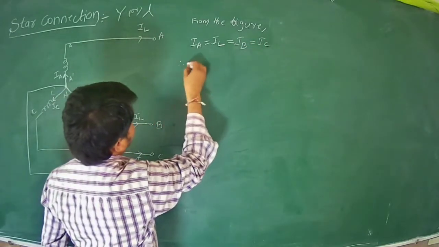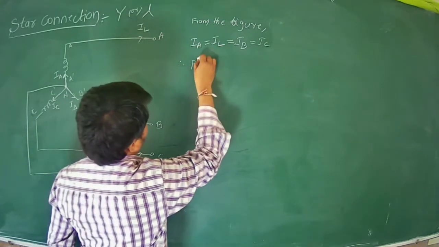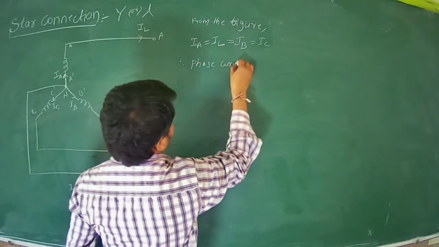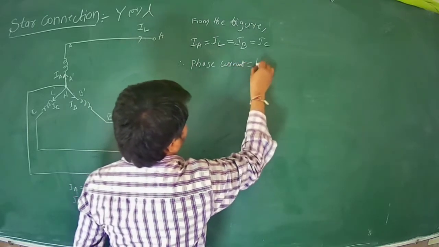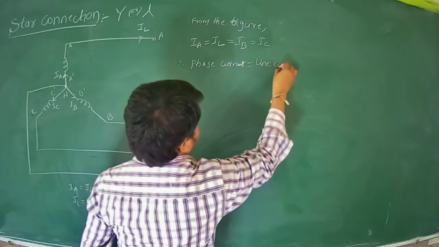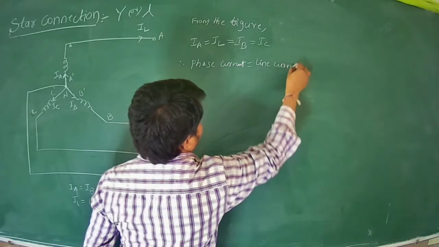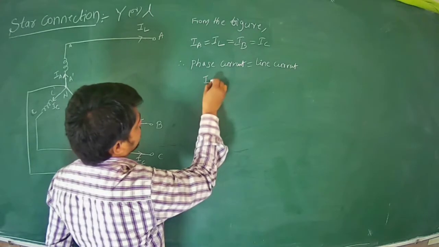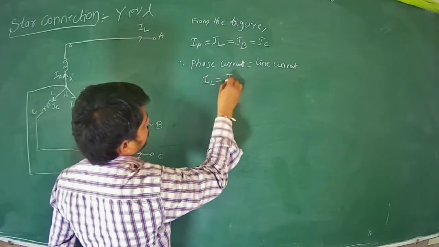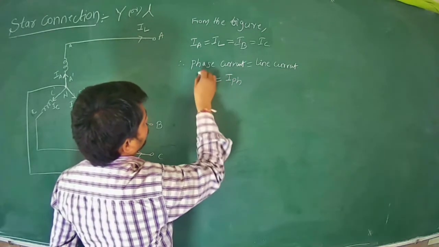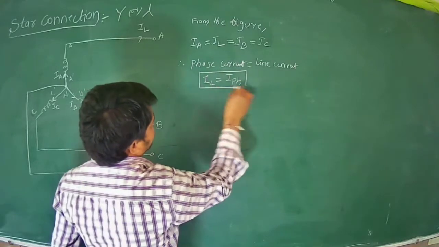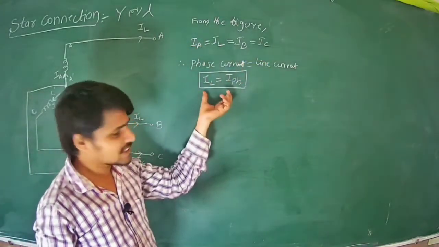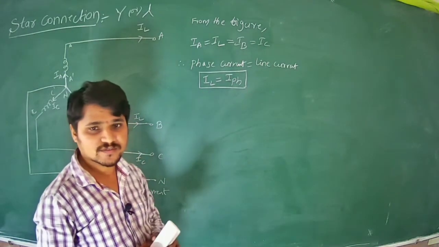Therefore, phase current is equal to line current. That means line current is equal to phase current. For a star connection system, the line current is equal to the phase current. So in a star connection, IL is equal to I phase.